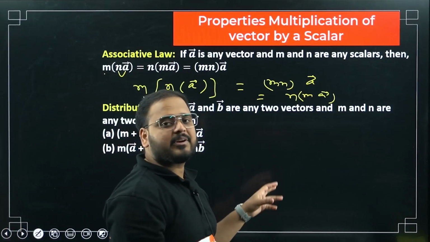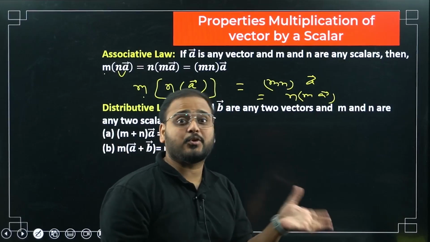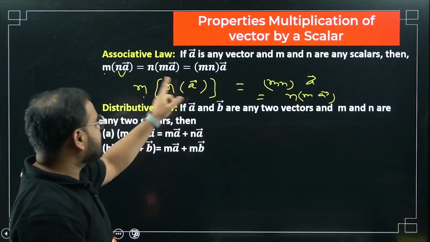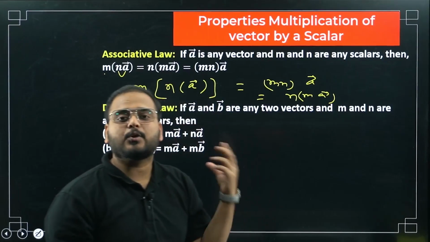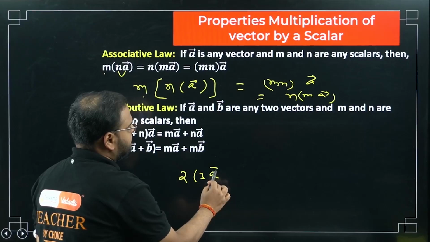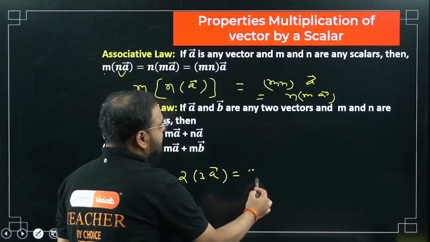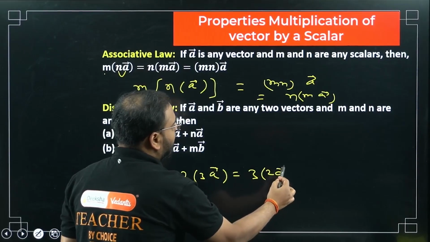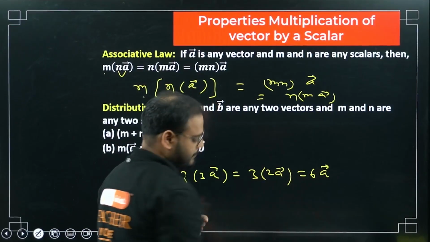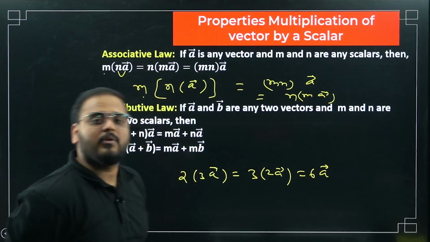If that is multiplied with vector a, it will remain as it is. It will not be the case when we are multiplying a vector to a vector. For vector to vector, the result will be different. For now, since we are multiplying a scalar number, let's say multiplying 2 and 3 to the vector a, I can write this like this, or as 3 times 2 vector a. Both will be simply 6 times vector a. So whenever you are multiplying a scalar, the associative law will be valid.